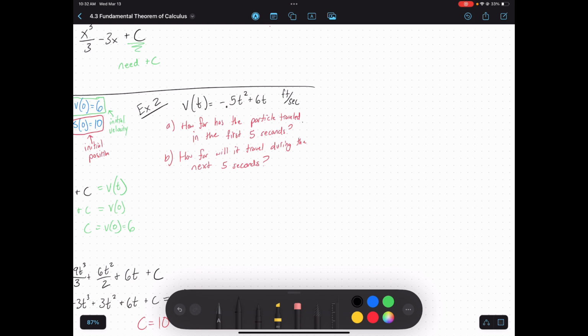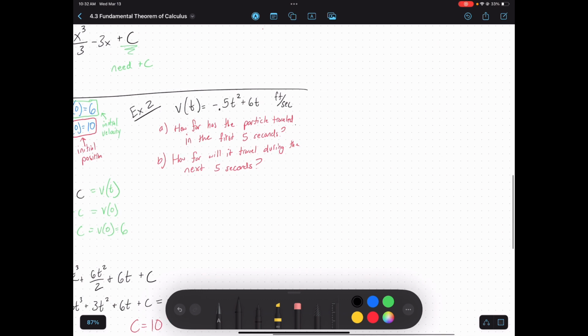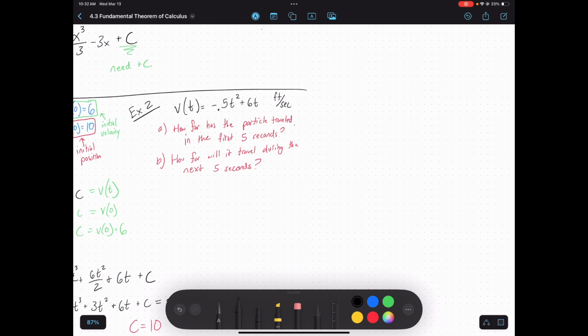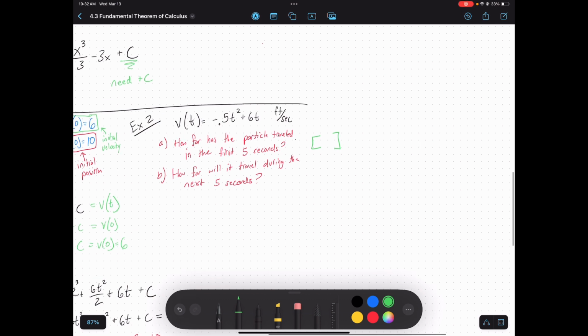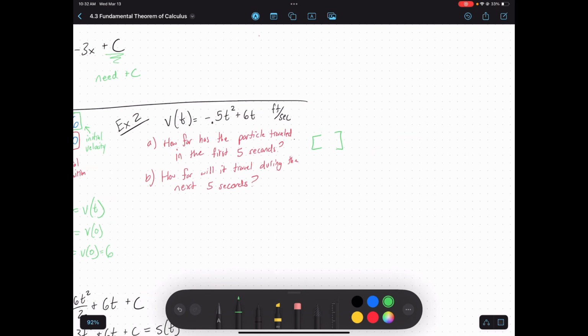In this case, this is a definite integral. And how do I know? The only difference between the two types of integrals is whether or not you have bounds. Do I have bounds for part A? I absolutely do. Remember, your bounds are x values, or in our case, t values, since t is my independent variable. So what would my t values be?